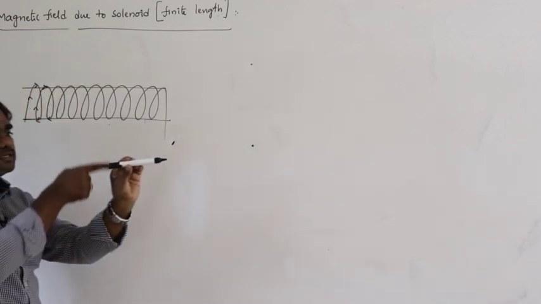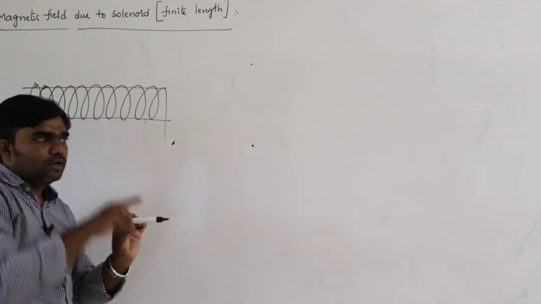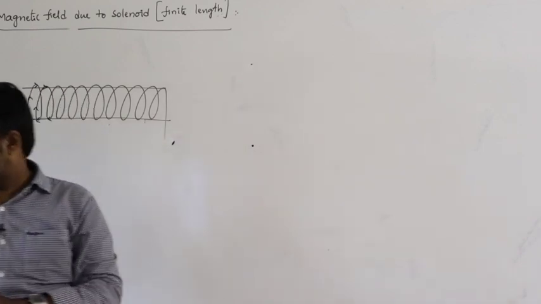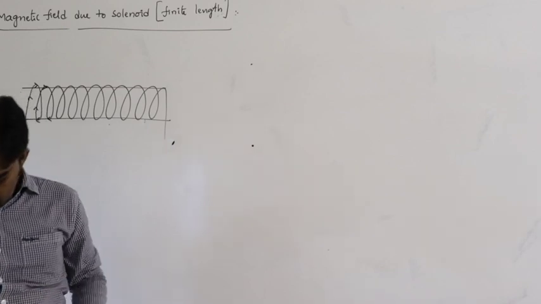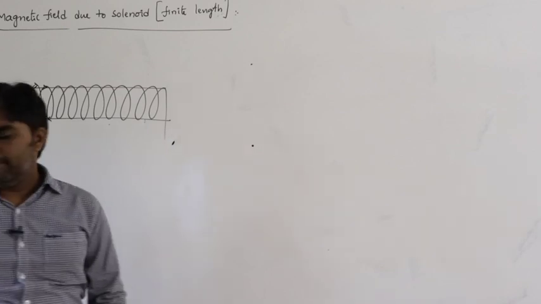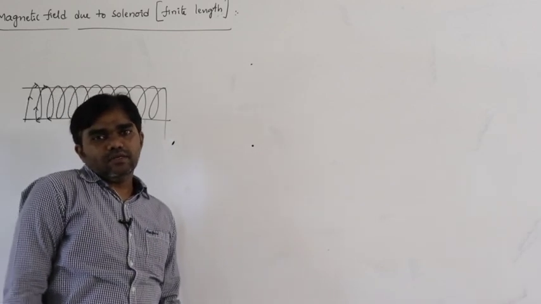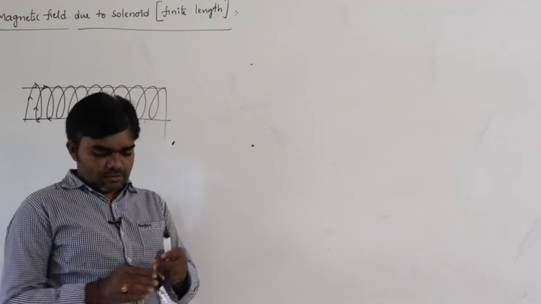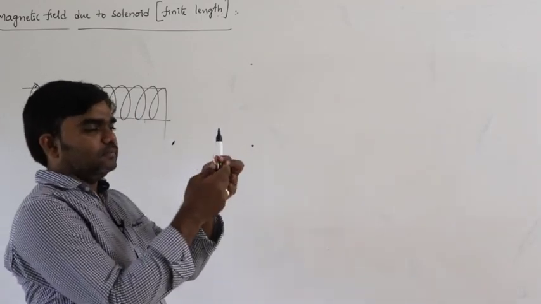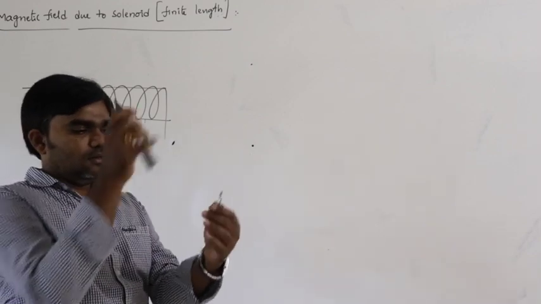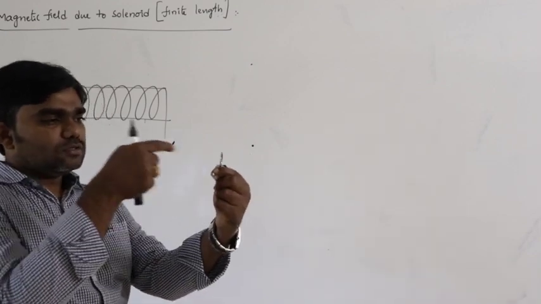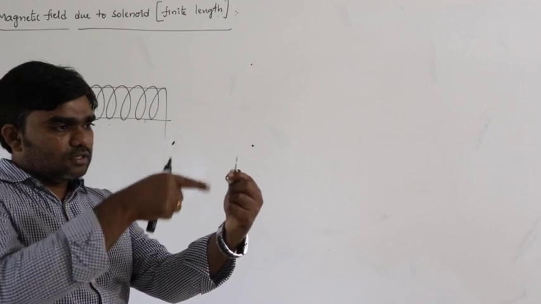See here, this is the coil. See very clearly, this is the coil. A number of coils are turned like this.